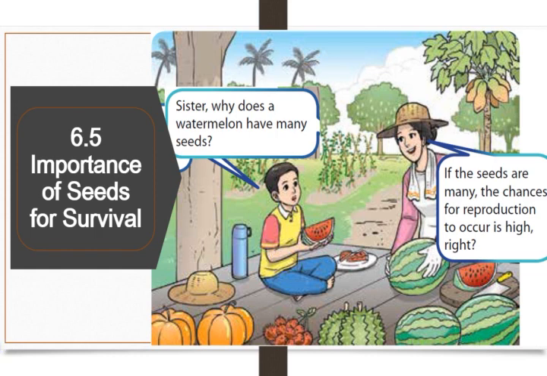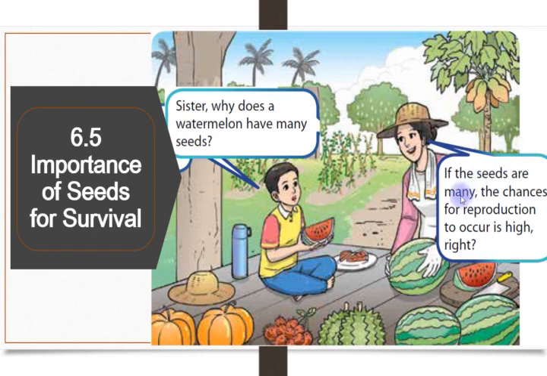Please look at this conversation. The boy is asking his sister, why does a watermelon have many seeds? The seeds come from the ovule, meaning the flower of the watermelon has many ovules.